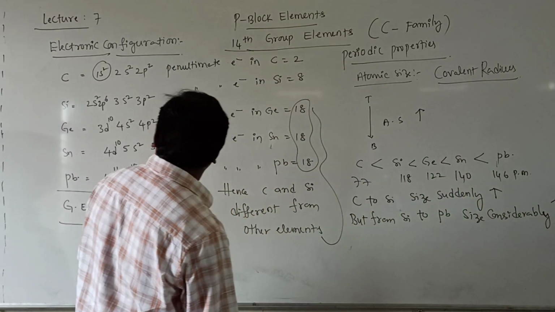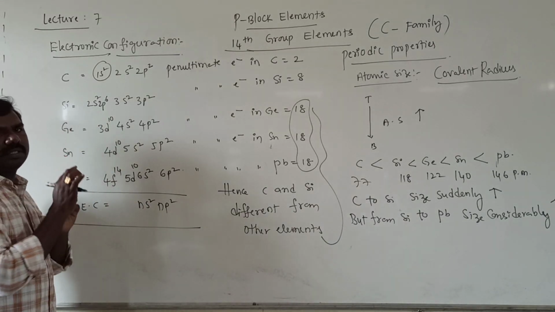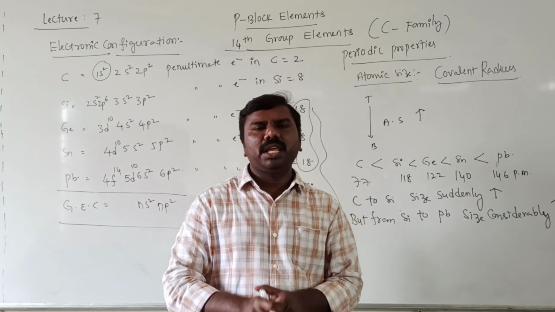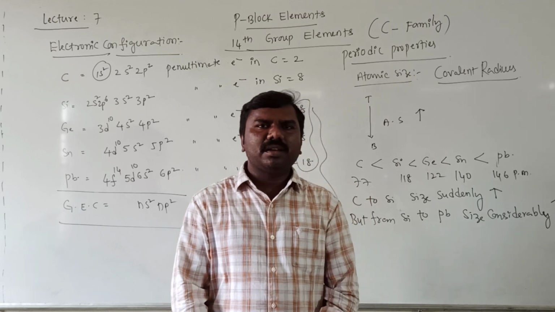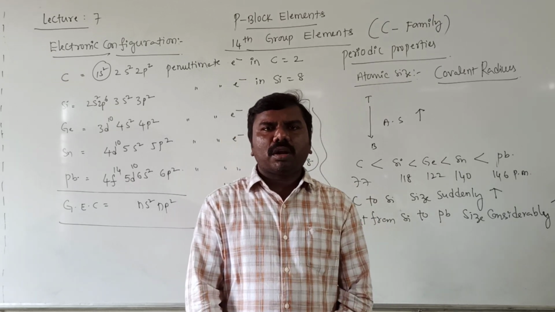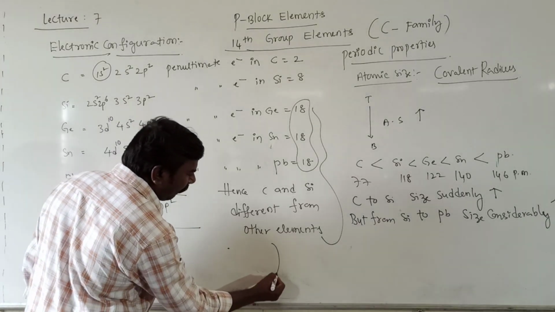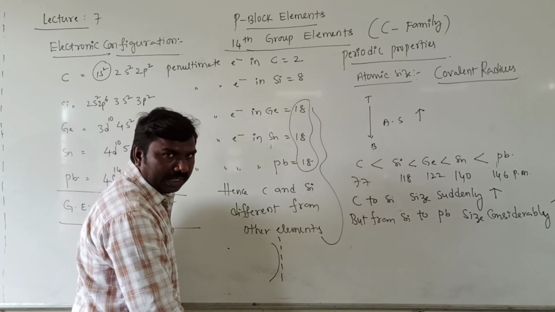The reason is that it has d electrons and f electrons. The screening effect order we know is s greater than p greater than d greater than f. It means the d and f orbitals have a weak or poor screening effect. The f orbital forms a poor screen, not a strong screen.